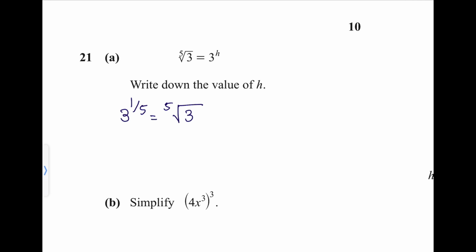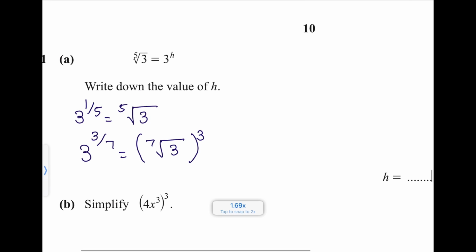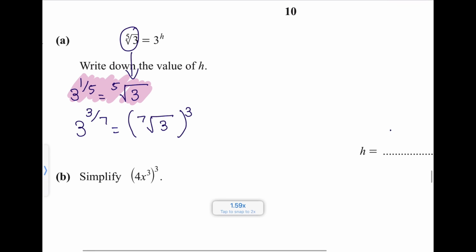The power's denominator becomes the root and the numerator stays as the power. So in this question, as you can see, 3 raised to 1 by 5 is equal to the fifth root of 3. The same thing which has been here is also here, so hence h is 1 by 5.